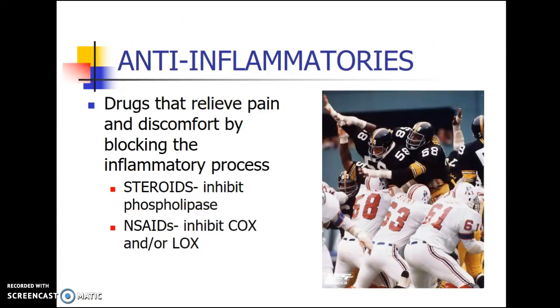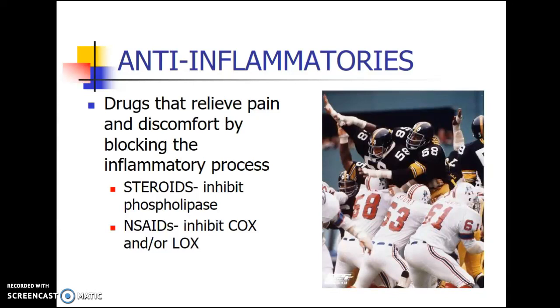So anti-inflammatories relieve pain and also general discomfort like itchiness by blocking that inflammatory process. They have a direct analgesic effect, but they also have this control over the inflammation that then causes the pain to begin with. And they act in different places. Steroids inhibit phospholipase, NSAIDs are further down in the cascade.